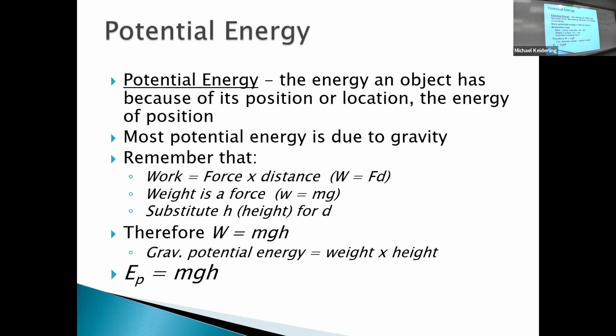So that's energy stored in position. So this weight down here has less energy than up here because I could drop it and get that energy out. But that's stored because of its position relative to the Earth.